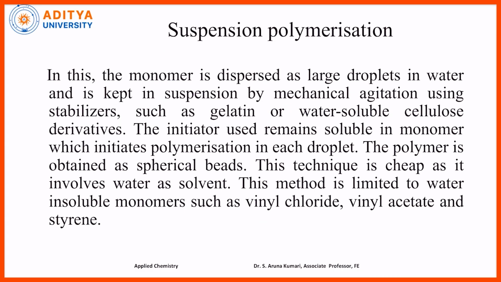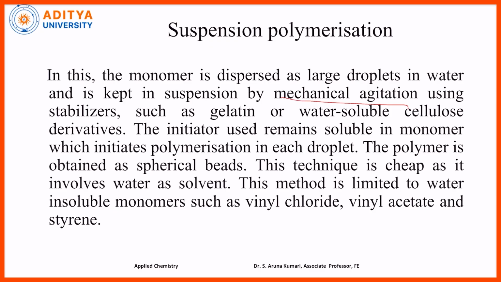Now, let us see the other type of polymerization, which is known as suspension polymerization. In suspension polymerization, the monomer is dispersed as large droplets in water and is kept in suspension by mechanical agitation using stabilizers such as gelatin or water-soluble cellulose derivatives.